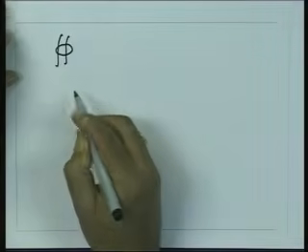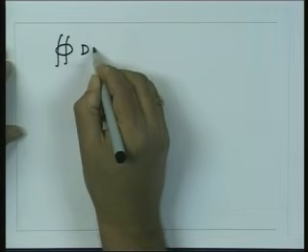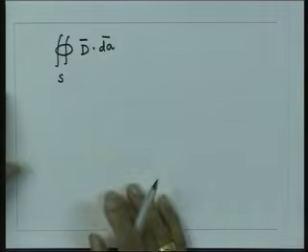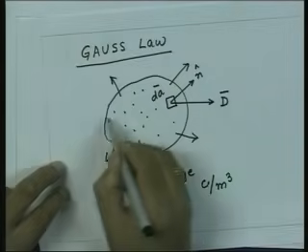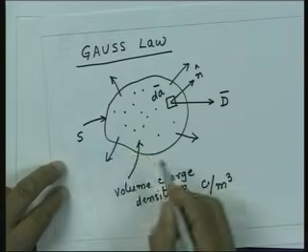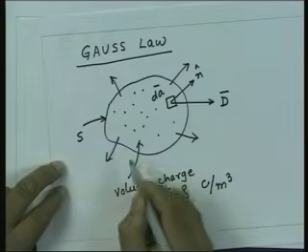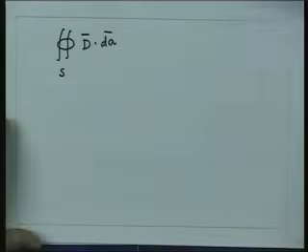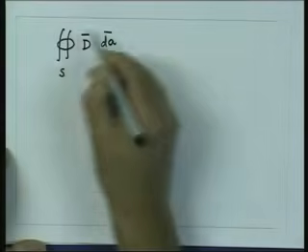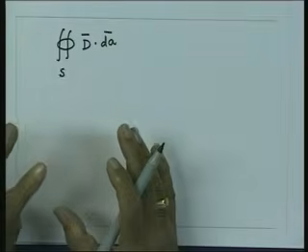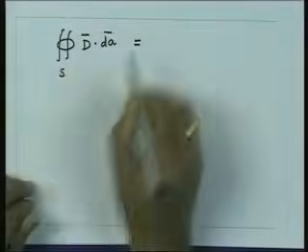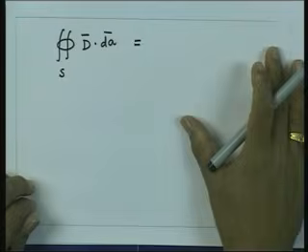So, which I can write as the closed surface integral of D dot dA, where this surface is denoted by S and this volume is denoted by, let us say, V. So, this quantity represents now the total outward displacement from this closed surface. From the Gauss law, this is equal to the total charge enclosed by the surface.